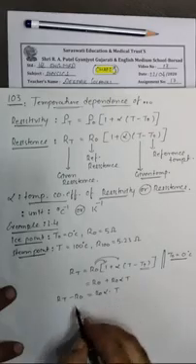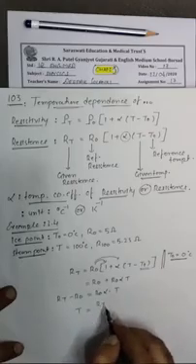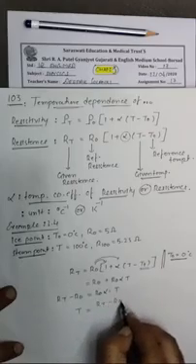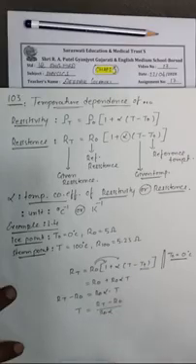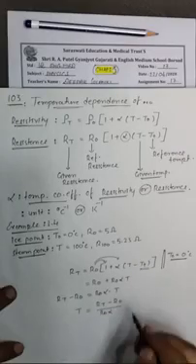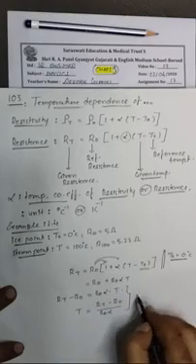Make T the subject, so you will get T is equal to (RT minus R0) upon R0 alpha. Give it equation number 1.